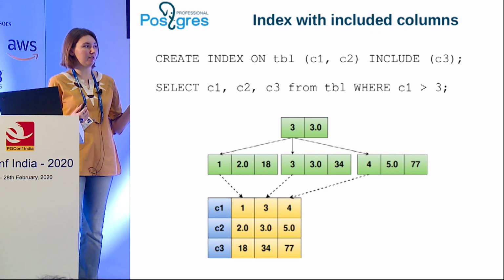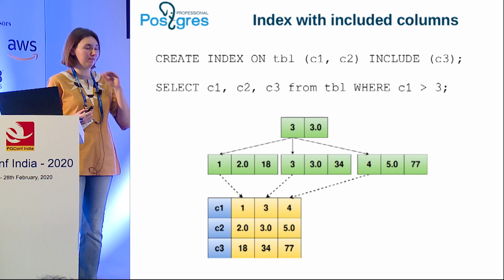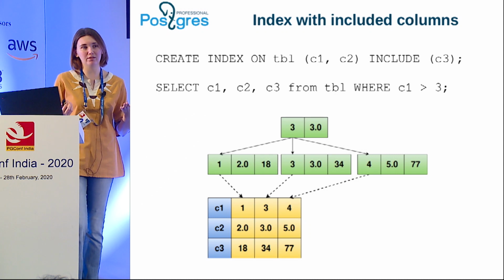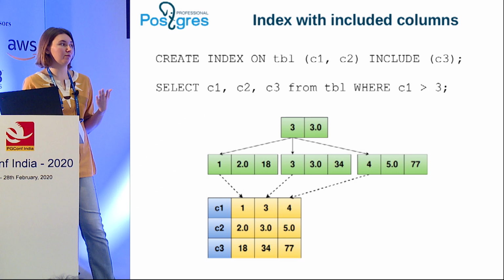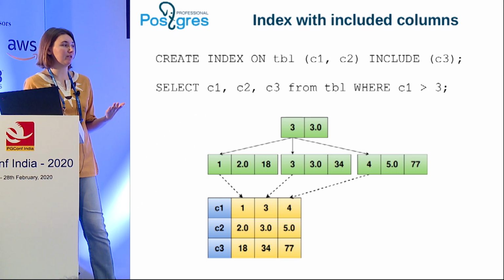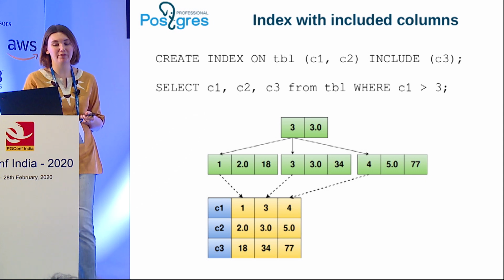So this is basically the same as on the previous slide, with the difference that you don't have to maintain 2 indexes. You now have much less space taken, and you still can perform these queries as fast as in the previous example.